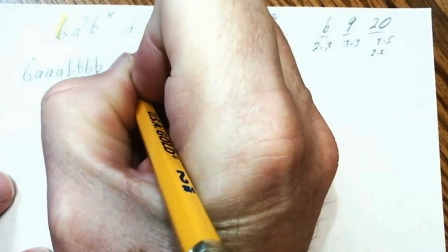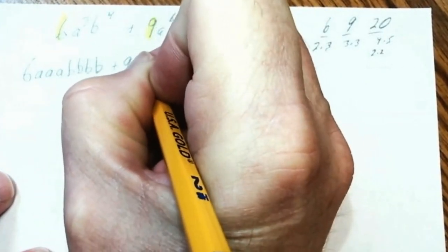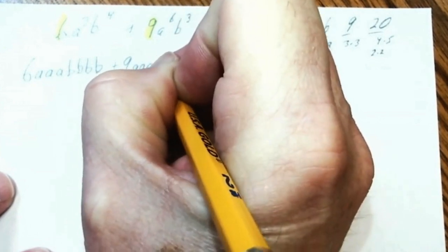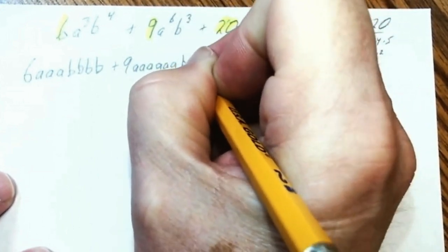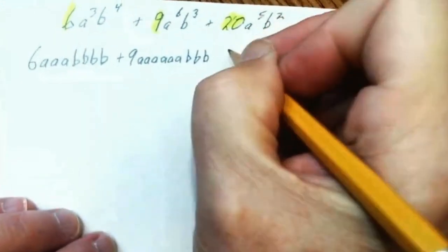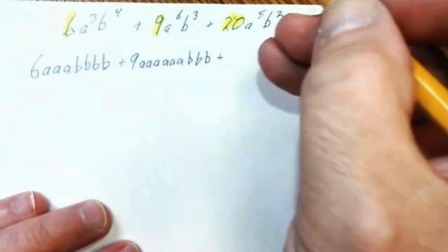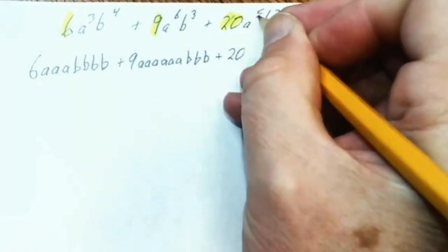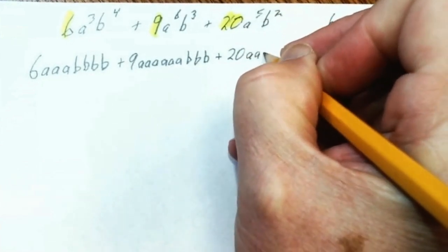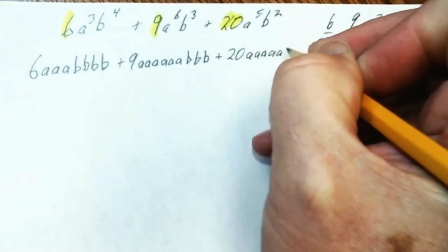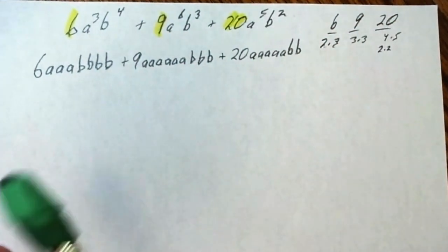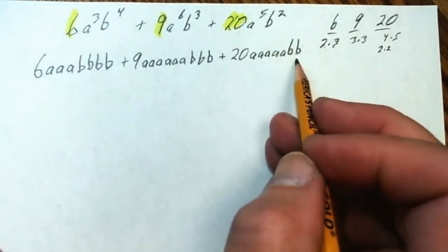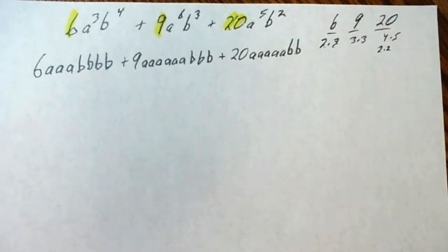Plus 9, and we got 6 A's and 3 B's, plus 20 with 5 A's and 2 B's. Okay, so this is the same as what's above. I just wrote out the variables instead of doing them as the squared stuff.